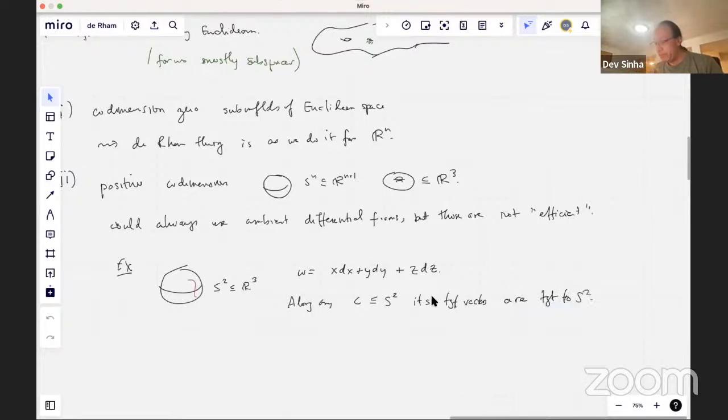And as an exercise, any tangent vector to S2, and thus the curve, would be evaluated to 0 by this omega.